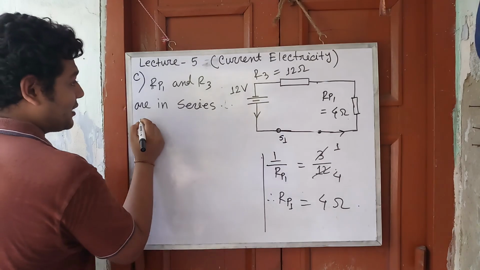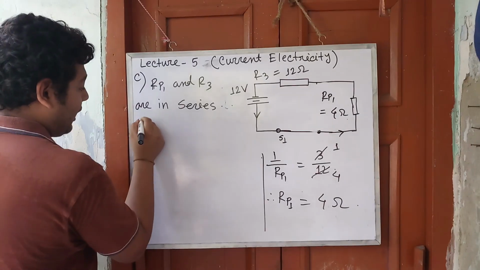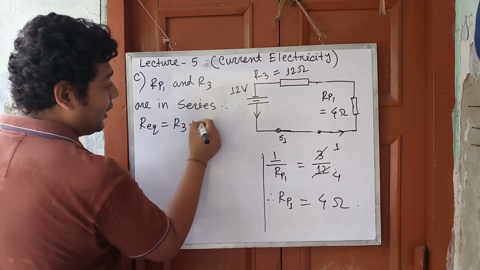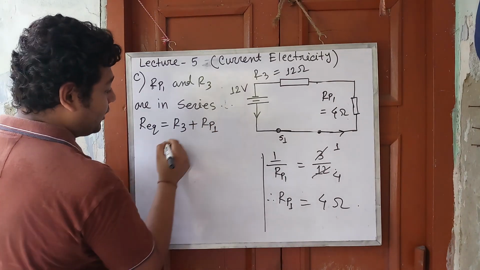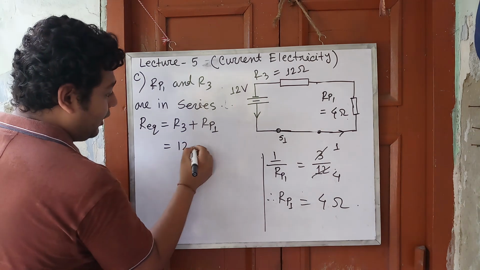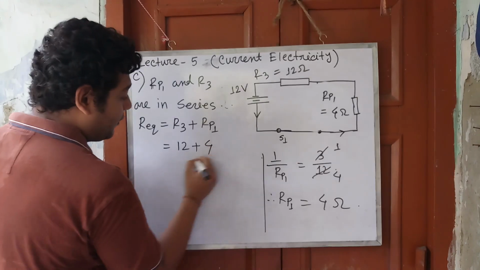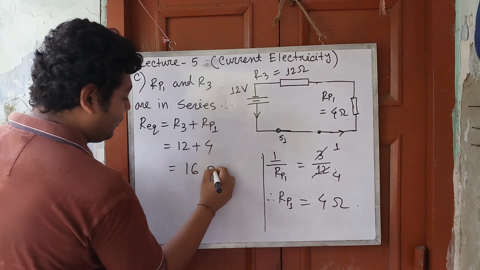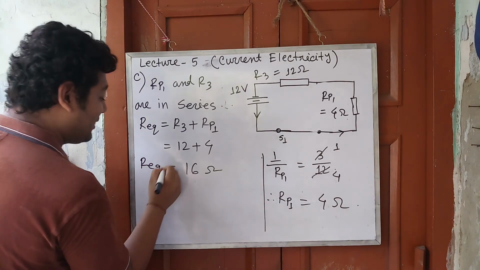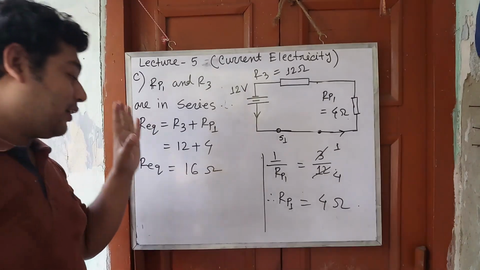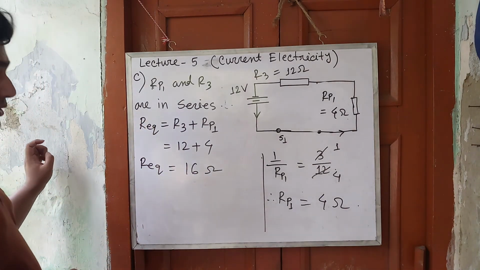So the final resistance will be R equivalent equal to R3 plus RP1. So we can write 12 plus RP1 as 4, so 16 ohm. In our given stem, the final equivalent resistance will be 16 ohm.